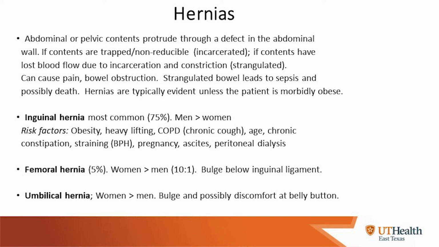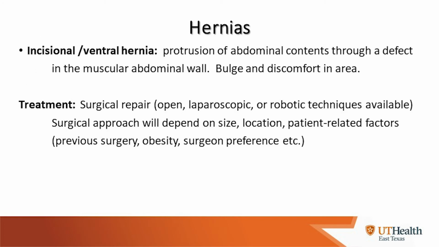Abdominal hernias are more common in women than men, typically presenting with a bulge and discomfort at the umbilicus, or the belly button. Also, types of hernias, ventral hernias in the abdominal wall.